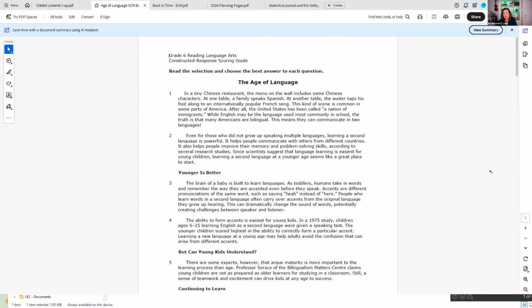So without further ado, I'm going to share my screen with you. And what you're seeing here is the grade 6 2024 non-literary passage called The Age of Language.